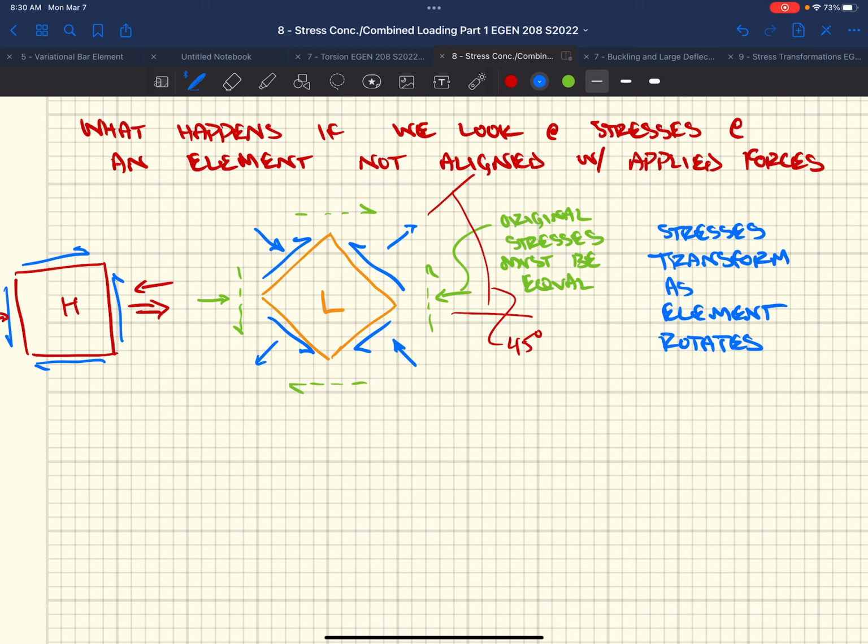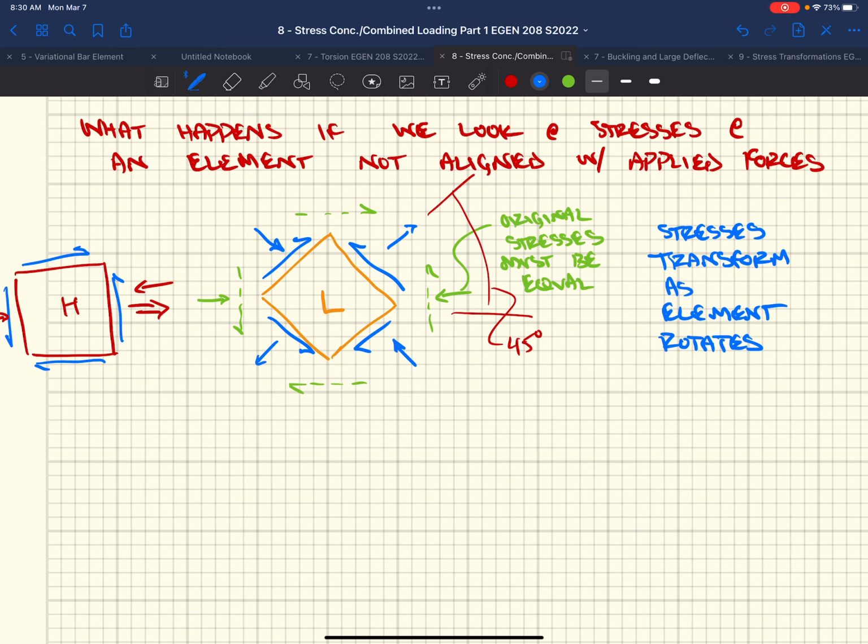And if the stresses transform as it rotates, we might be able to calculate stresses at a given orientation, say H and K. We looked at those. We could figure out what the stress is on a plane, and then because we figured out what's going on here, we could figure out what's going on the other side. Because we knew the shear stress on one side, we knew the shear stress on the other side.